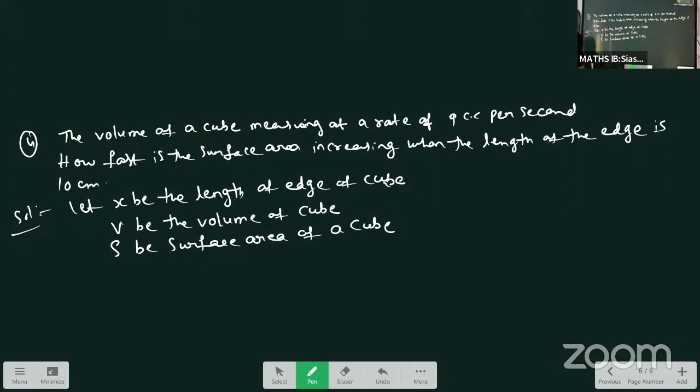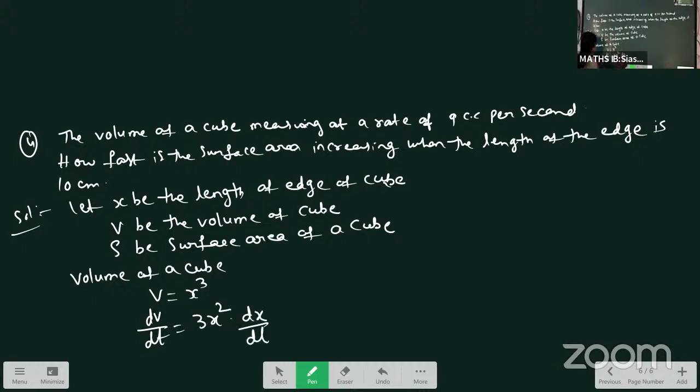So now what do you have to do? What is the volume of a cube formula? V is equal to x cube. Then immediately find dV by dt. The derivative of x cube is 3x square into dx by dt. But what is given?